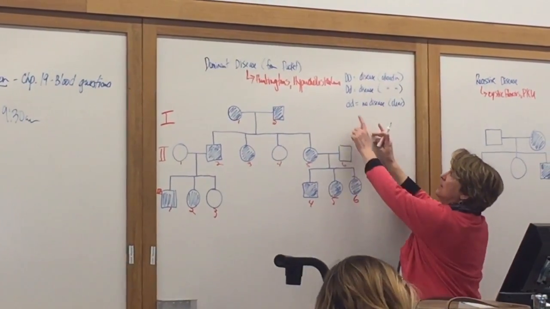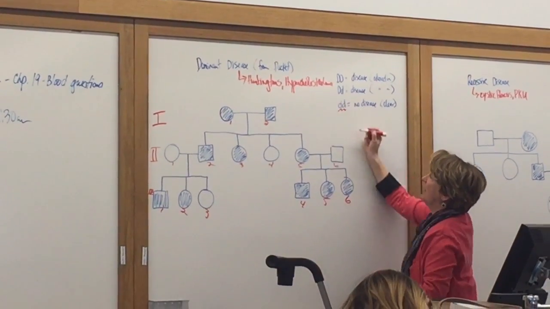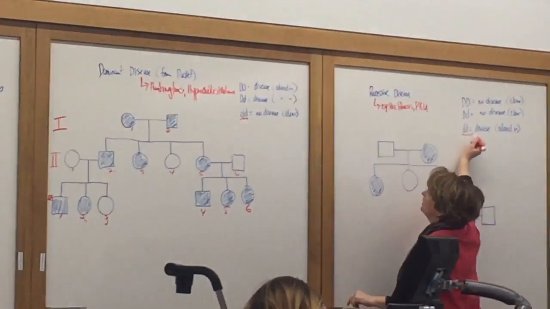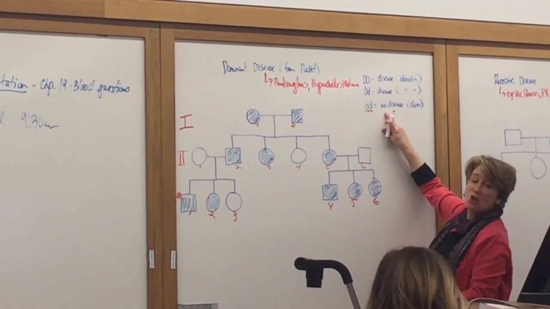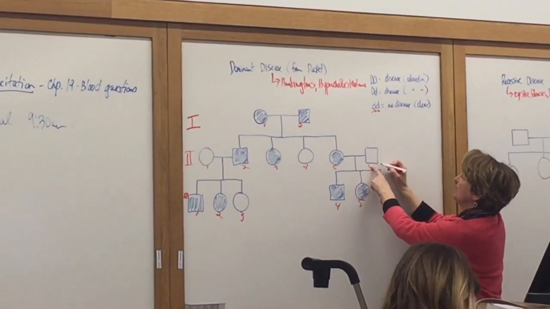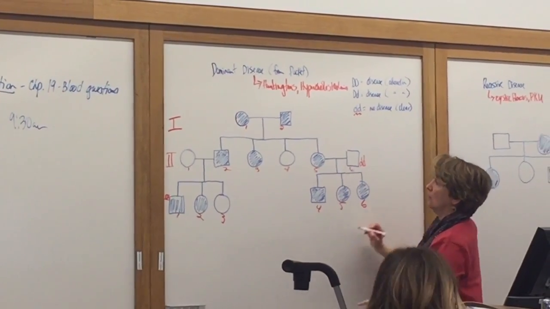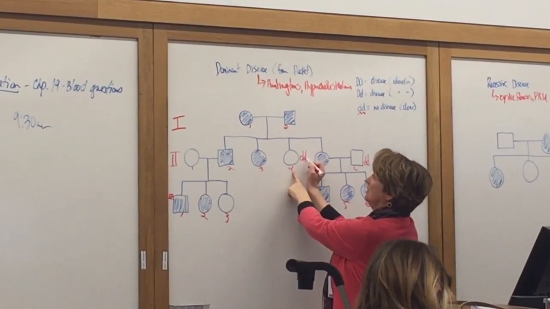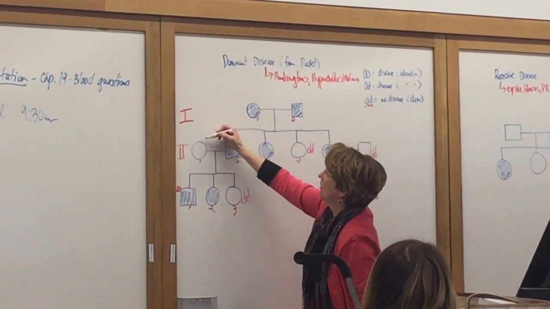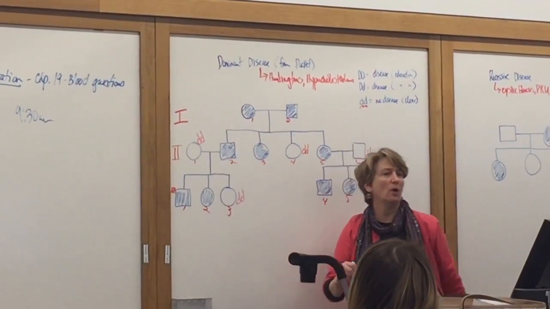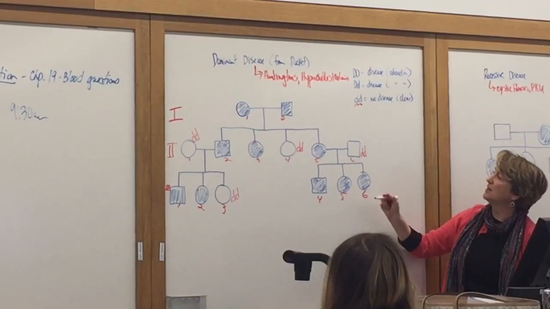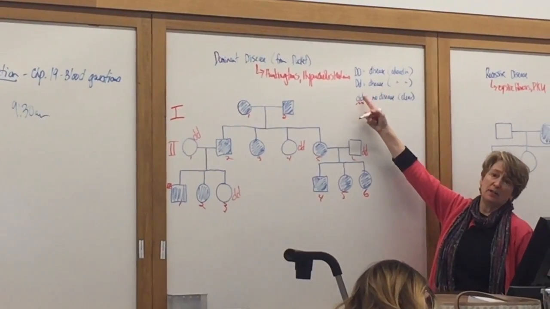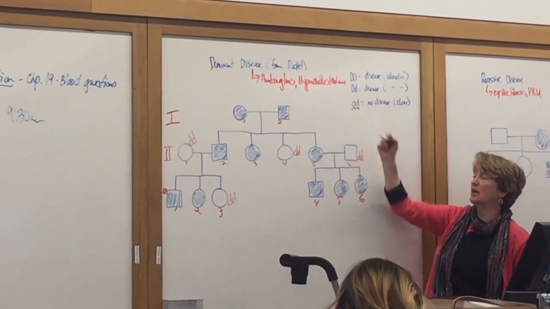So in this one, the first thing we're always going to fill in is that. I'll talk about that later on. And these are the non-diseased individuals. So this one is 2 little d's. This one, 2 little d's. This one, 2 little d's. And this one, 2 little d's. All the other ones are either big D, big D, or big D, little d, homozygous dominant or heterozygous.